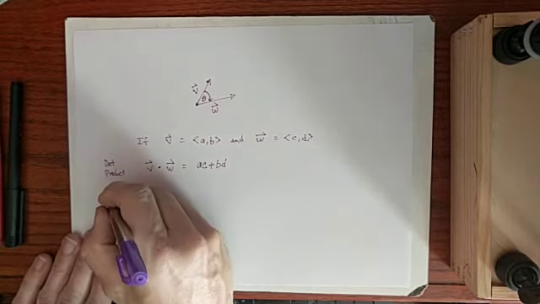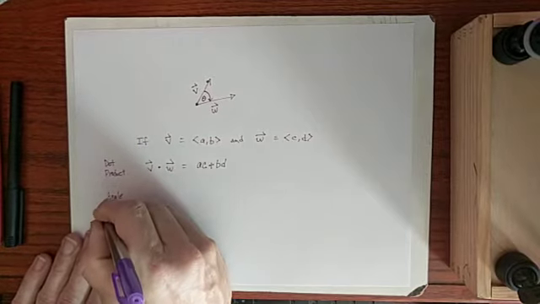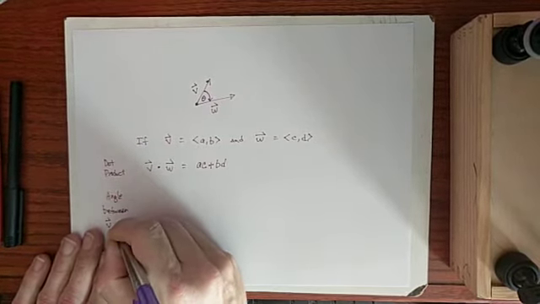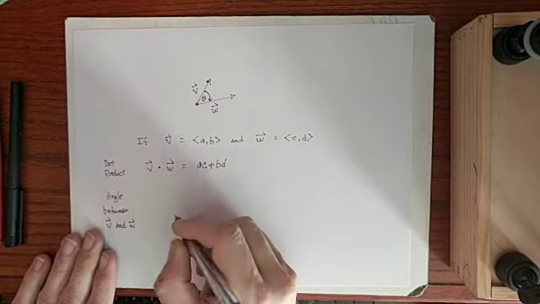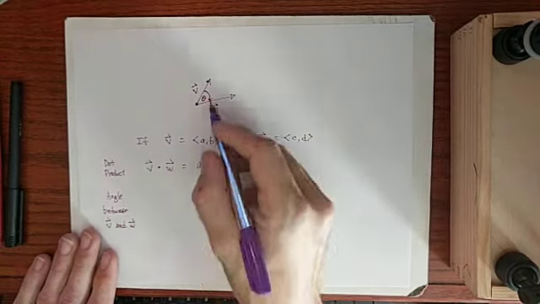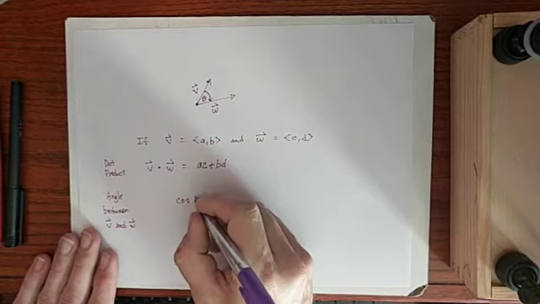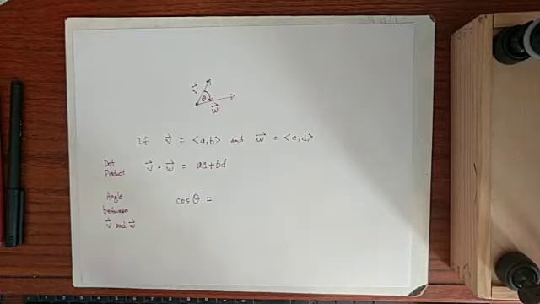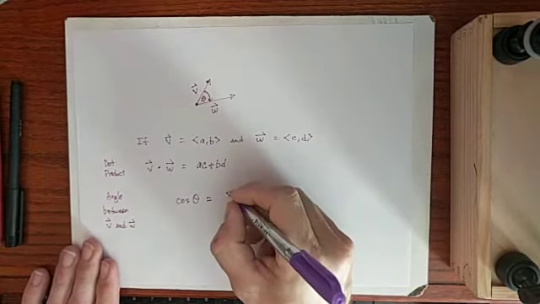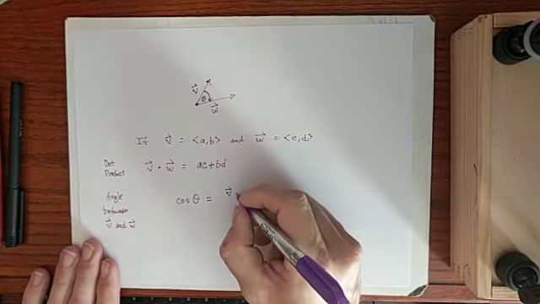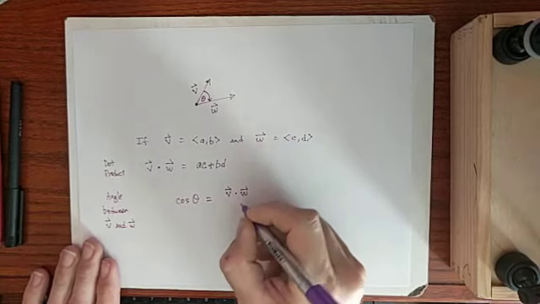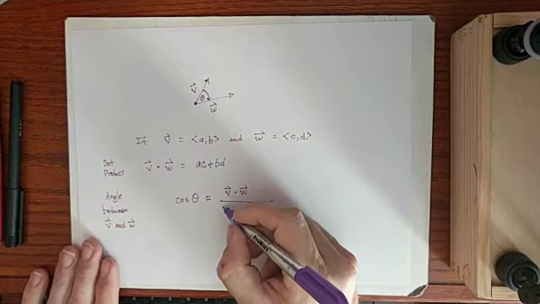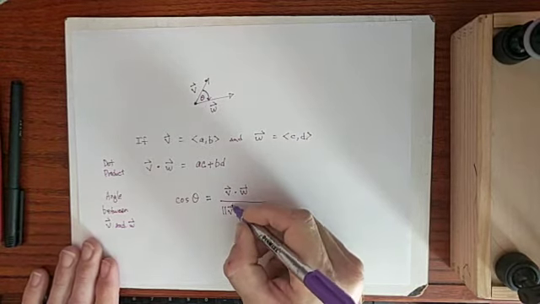So we'll write that here. The angle between vector v and vector w, we're going to say that that's theta, right? So the cosine of theta is equal to the dot product divided by the product of their magnitudes.